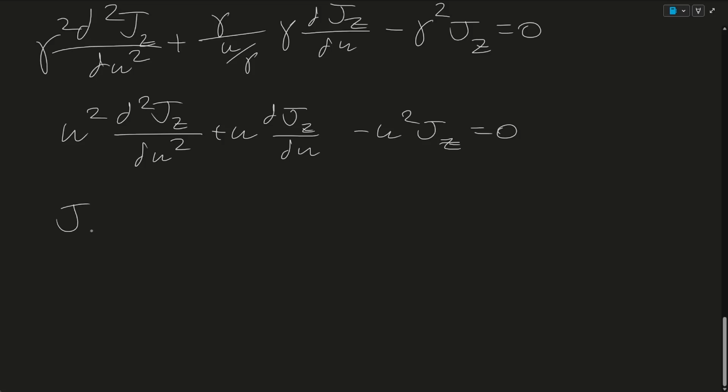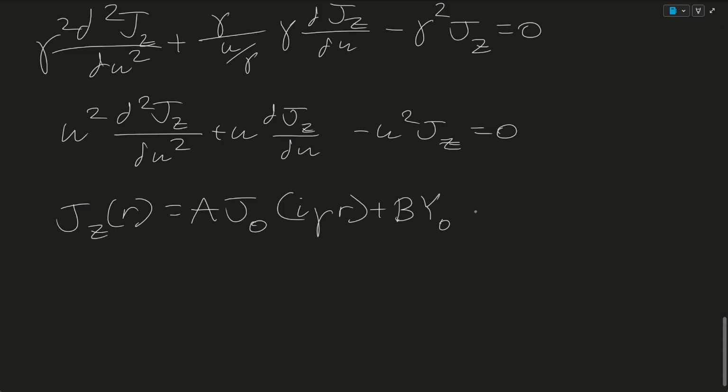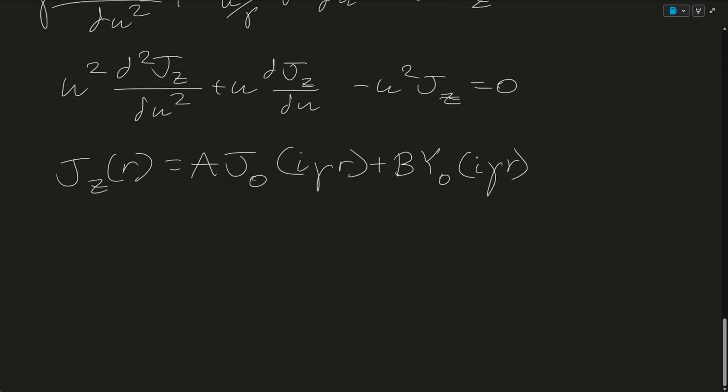Anyway, so our general solution to this is a J0 of i gamma r, where that's our Bessel function of the first kind, plus b Y0 of i gamma r. Okay, so we know that the Bessel function of the second kind diverges to negative infinity at the origin.